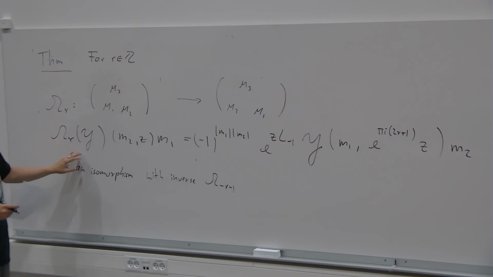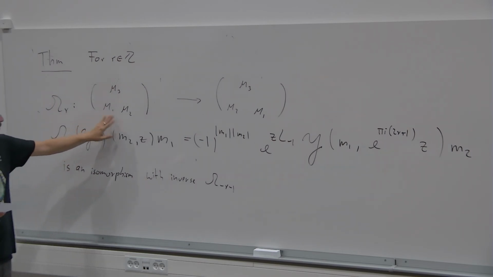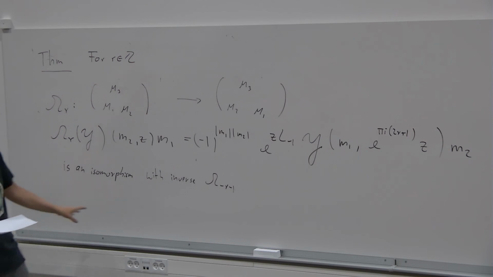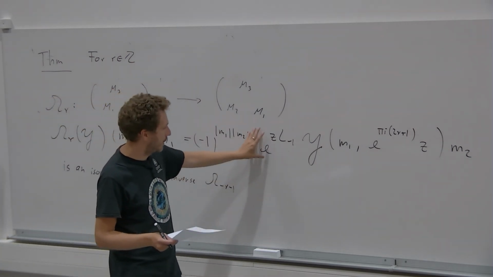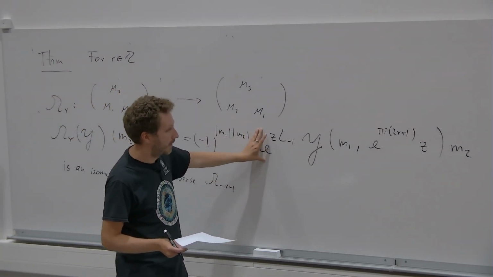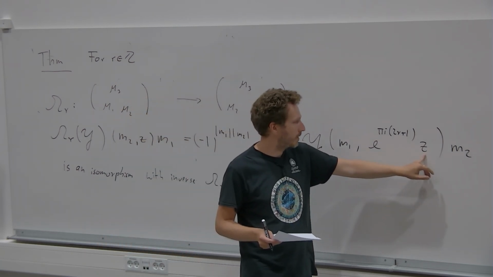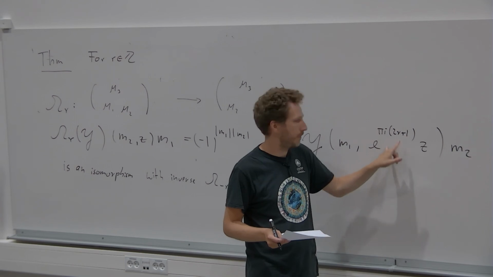This is called skew symmetry. The intertwining operators of type M1, M2 and M2, M1 are related by a very explicit formula, which is of course nice. It involves this action of the Virasoro -1 mode, and it also involves replacing z by minus z in this sense here.